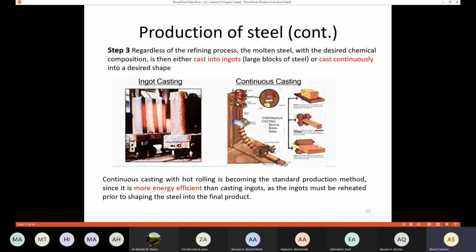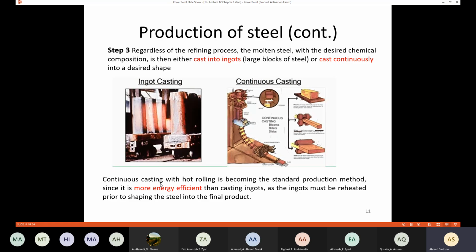So once I have the molten steel, I have two options: either put it as ingots in large blocks, or directly cast the steel in the desired shape using continuous casting. The ingots then go through the process of rolling so that we can shape the steel into the desired shape.